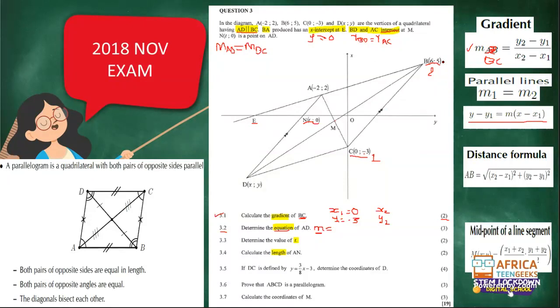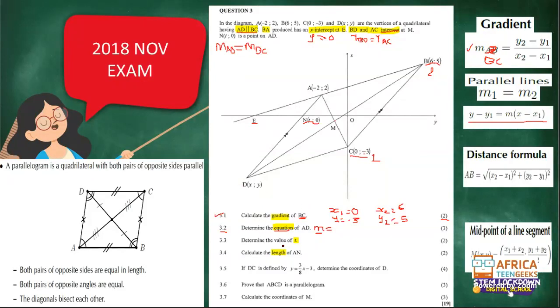And then our point B, this is 6, and our y2 is 5.